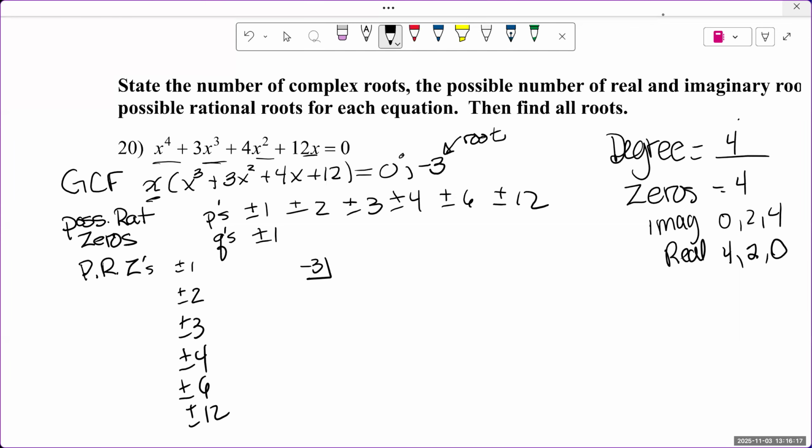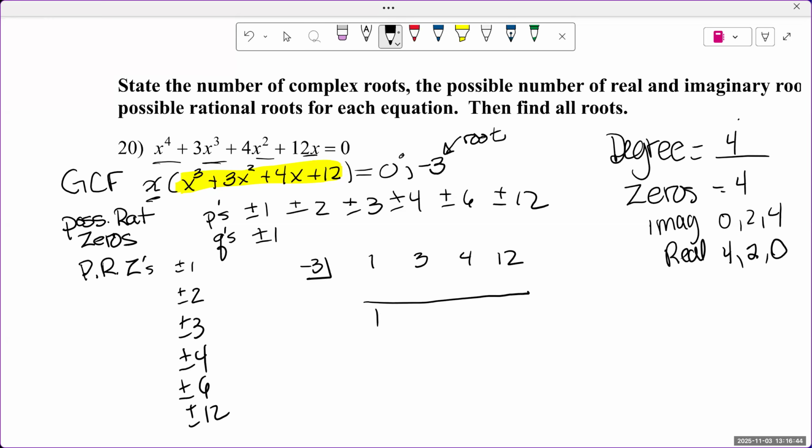Now notice we've broken it down. We've already pulled out the x. So -3 is the root. What do we do next? We do the coefficients: 1, 3, 4, 12.